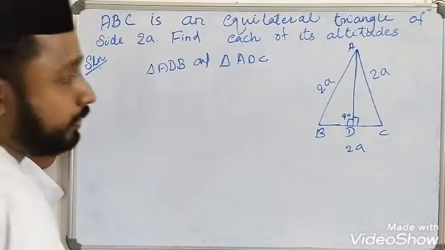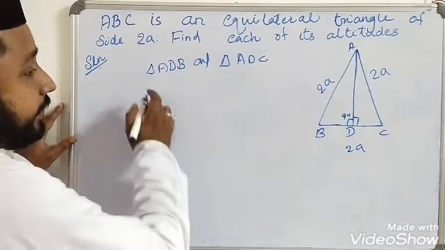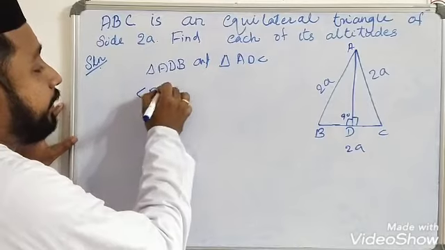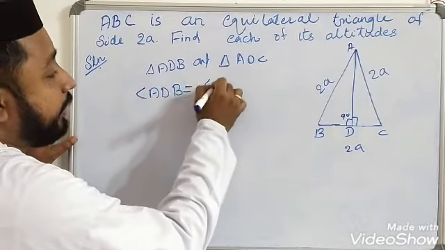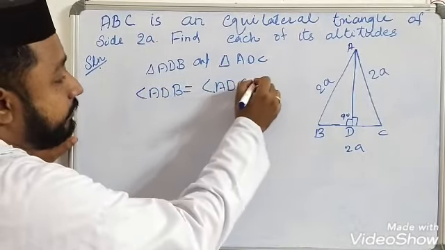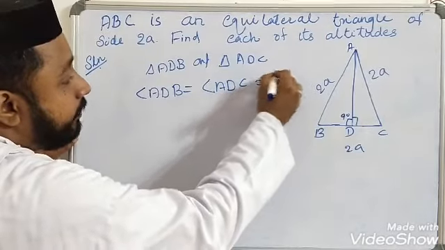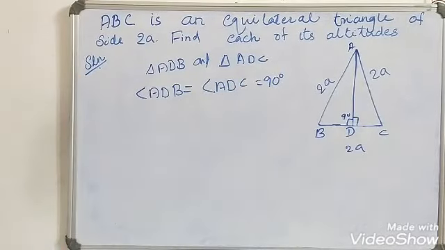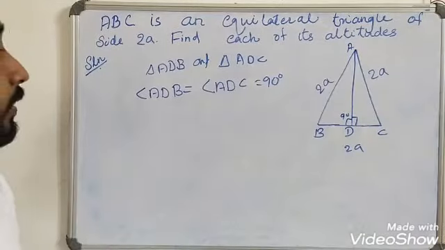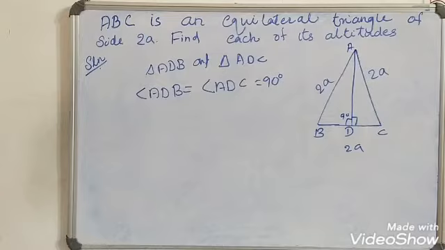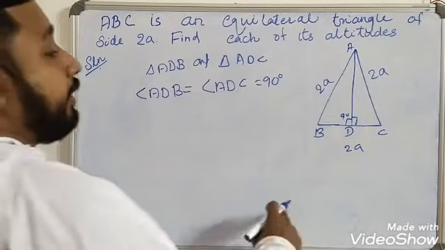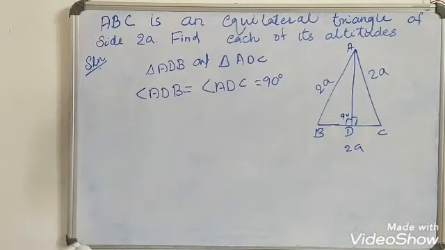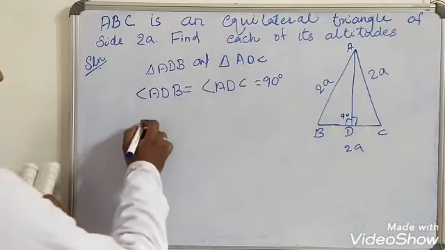Angle ADB is equal to angle ADC, both are 90 degrees. And we have AB is equal to AC.